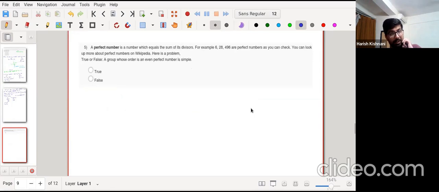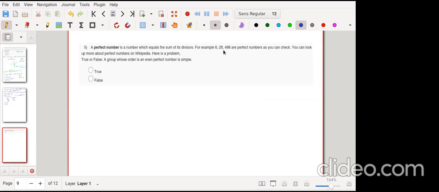Okay, so a definition for you guys: a perfect number. A perfect number is a number which equals the sum of its divisors. For example, 6. In 6 you have three divisors, 1, 2 and 3. If you add them, you get 6 again. In 28 also, the divisors are 1, 2, 4, 7, 14, and if you add them, you get 28 again.